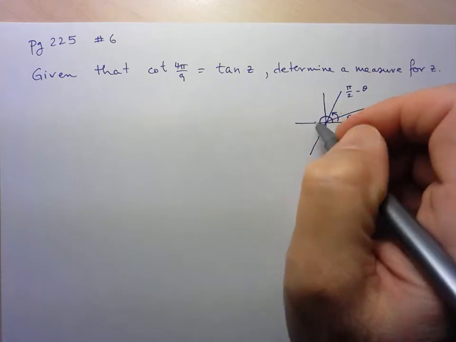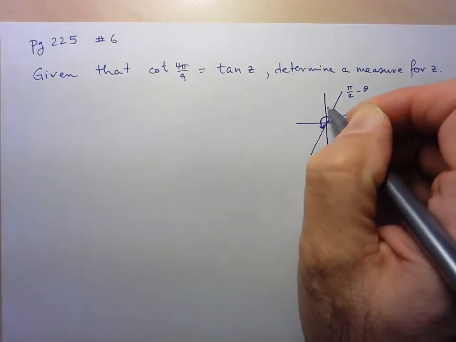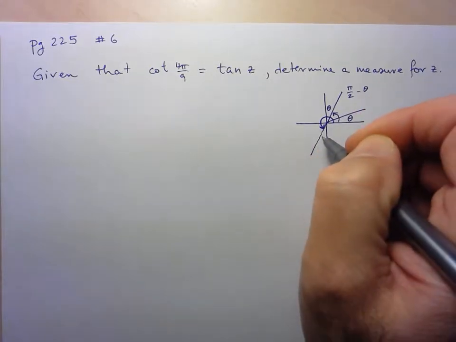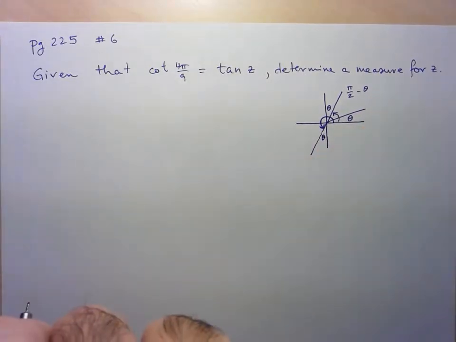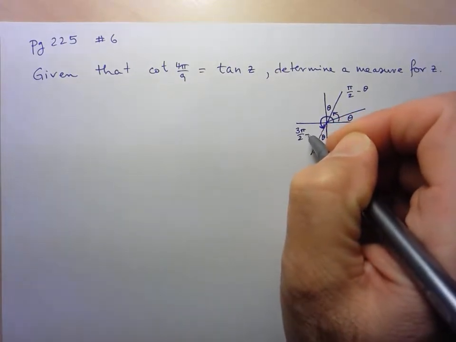Here, this is going to be 3 pi over 2 minus theta, because remember now we're working with the correlated acute angle, so from the y-axis. So the other option is going to be 3 pi over 2 minus theta.